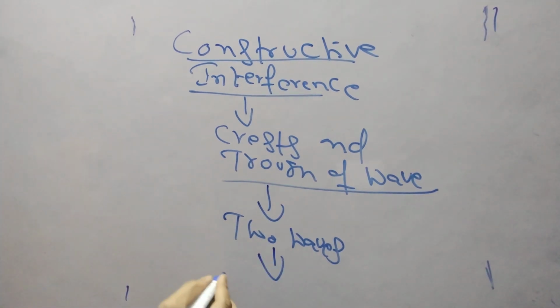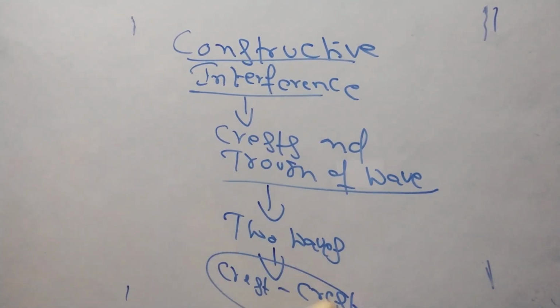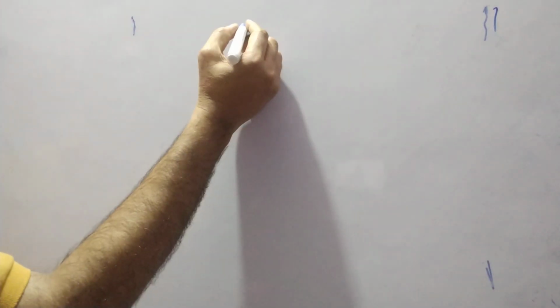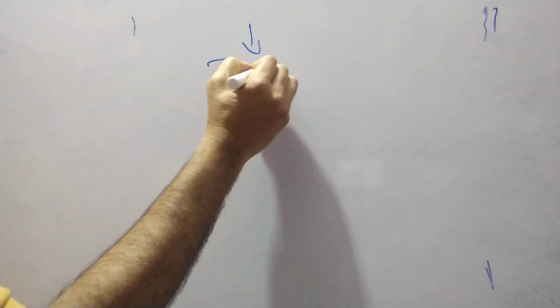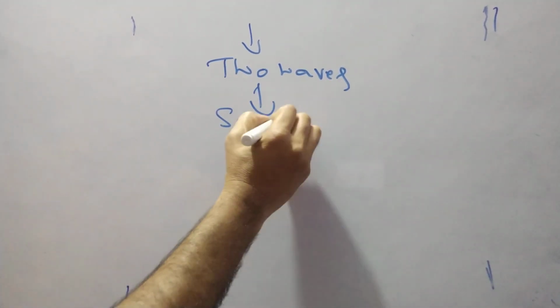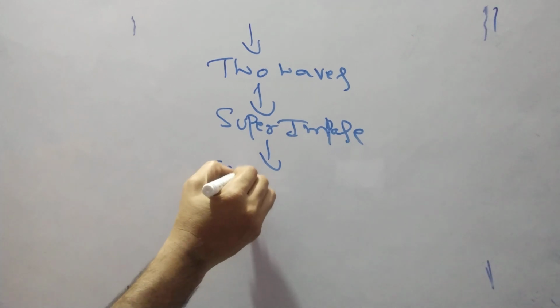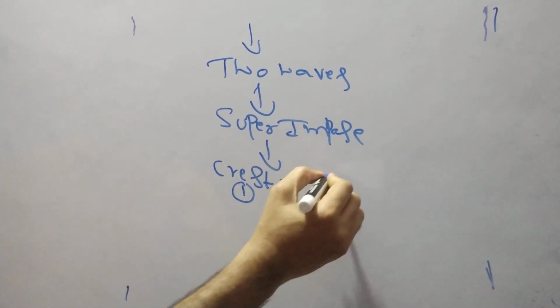So for constructive interference, we take two waves and superimpose them: the crest of the first wave with the crest of the second wave, and the trough of the first wave with the trough of the second wave.